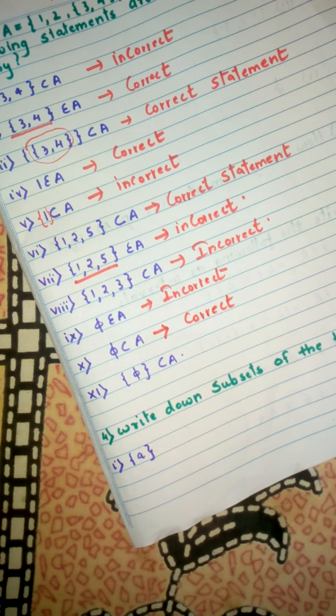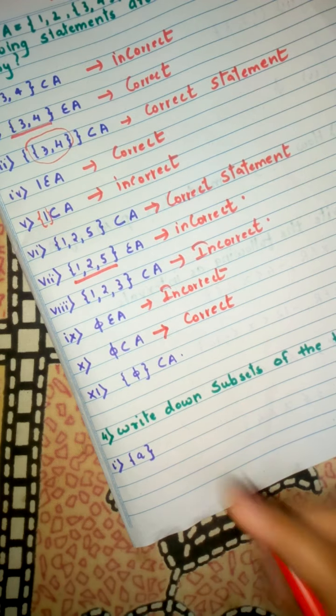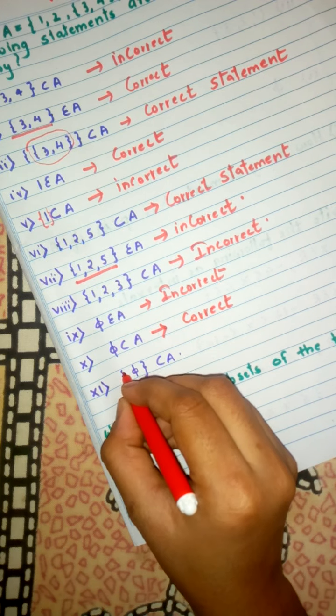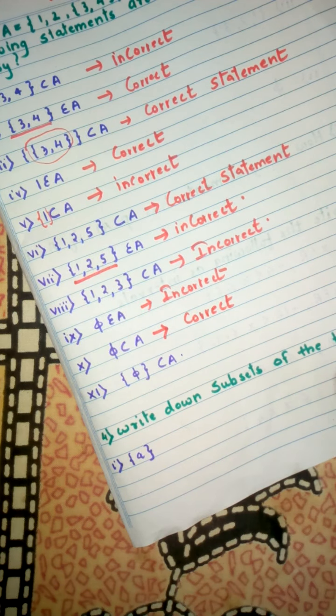Then I have the 11th question. It says that {phi} is a subset of A. This is false, because what is the meaning of this? There is a set and inside that there is the empty set as an element. Is this type of set a subset of A or not?